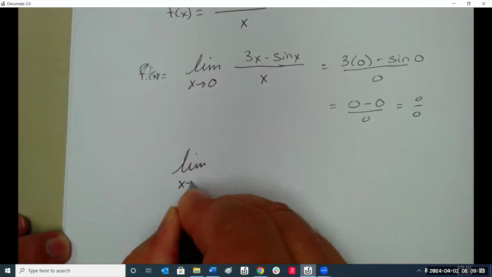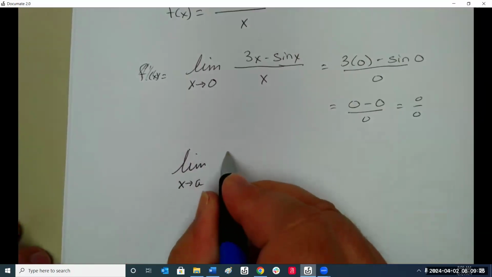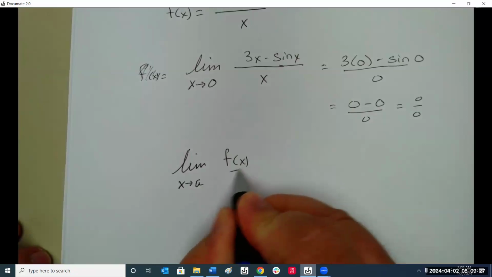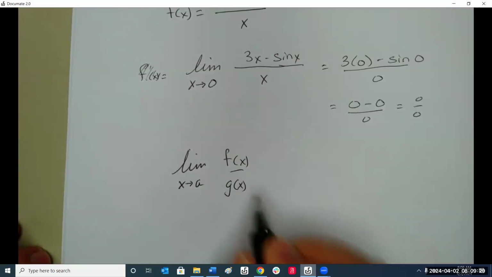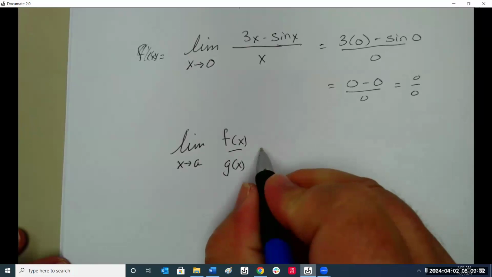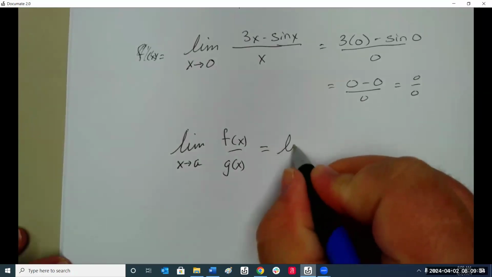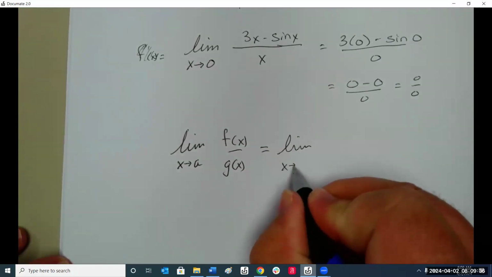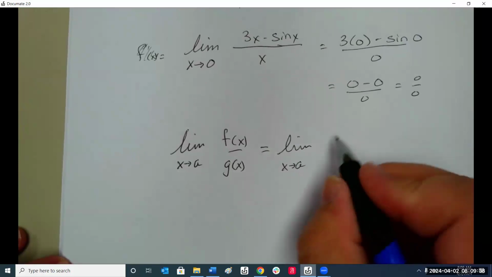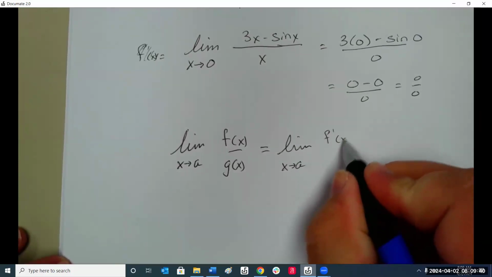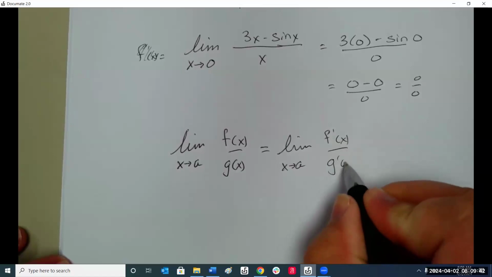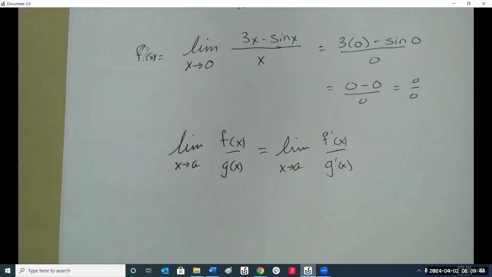If you have an equation that becomes indeterminate when you first do it, if it's 0 over 0 or infinity over infinity, then take the derivatives of both the top and the bottom separately, not the quotient rule.